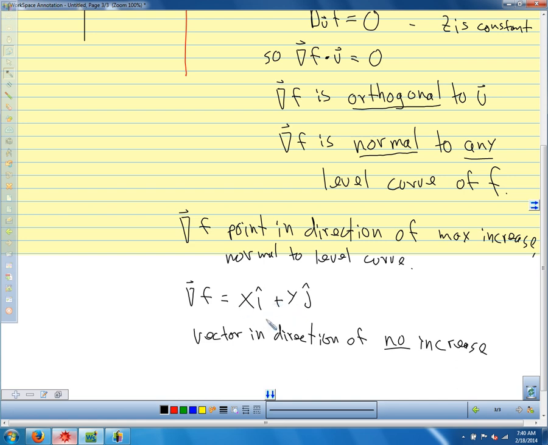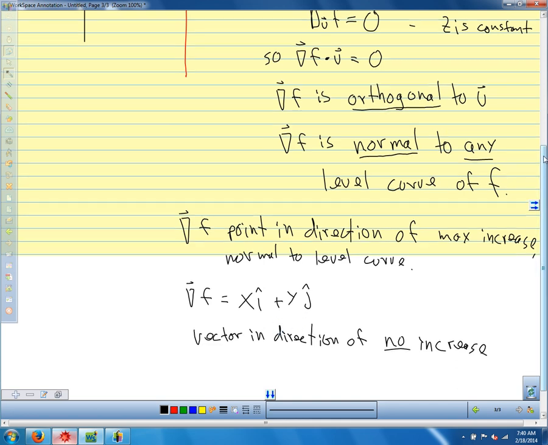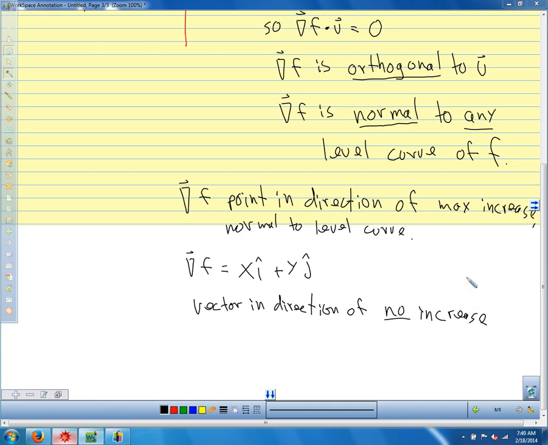Well, if del F in the plane is xi plus yj, how do we quickly and easily find a vector that is normal to that vector? Switch the x's and y's, change the sign on one.